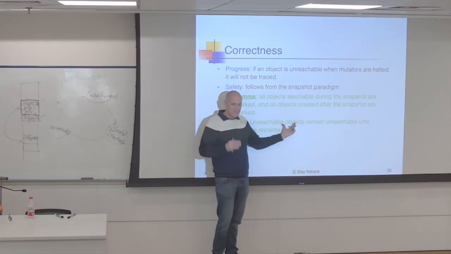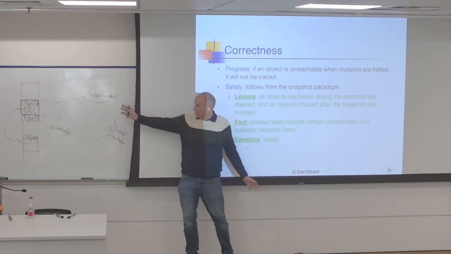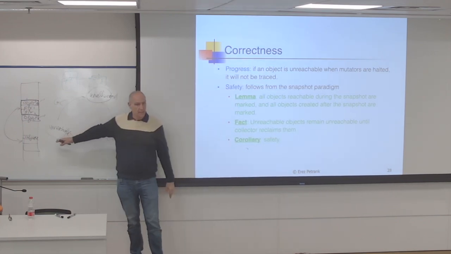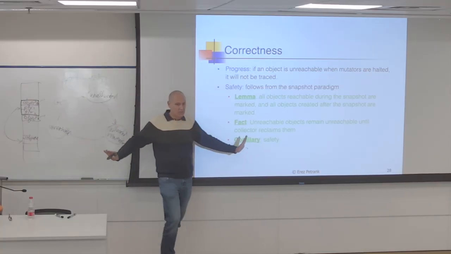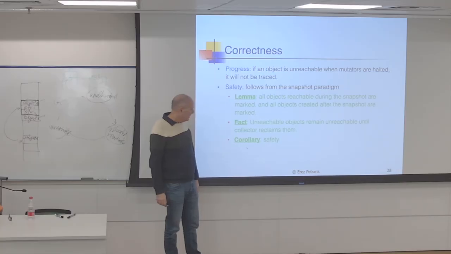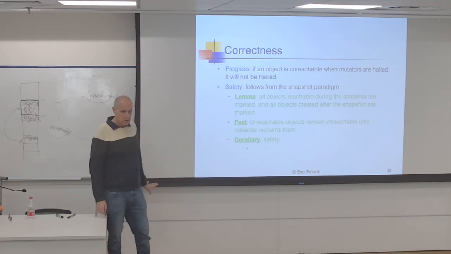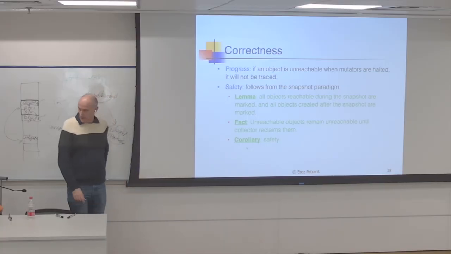Unreachable is a steady property. If the collector doesn't make them unallocated, they're going to remain unreachable. The program does not touch them, so I can trust it's still unreachable. And therefore I get safety. Okay? So that's the snapshot algorithm.